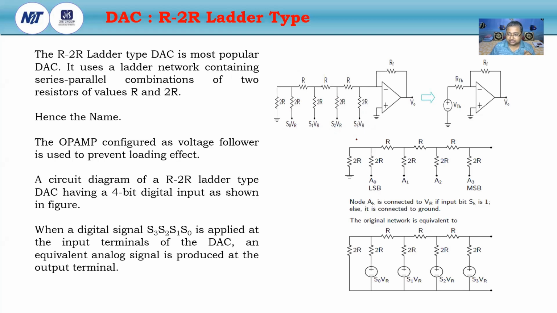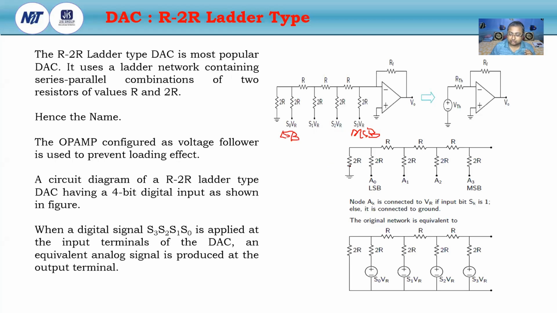Some of the books write like this: A3, A2, A1, A0, where A3 is the MSB and A0 is the LSB. The weighted binary numbers are S3, S2, S1 and S0, where S3 is the MSB and S0 is the LSB.